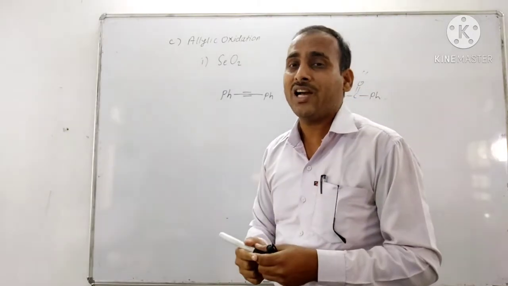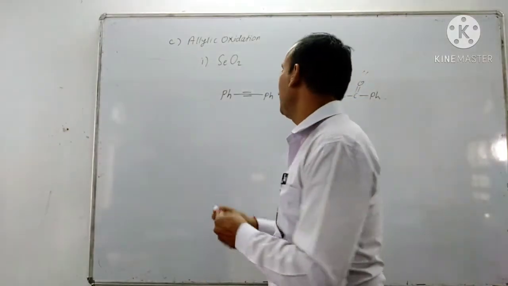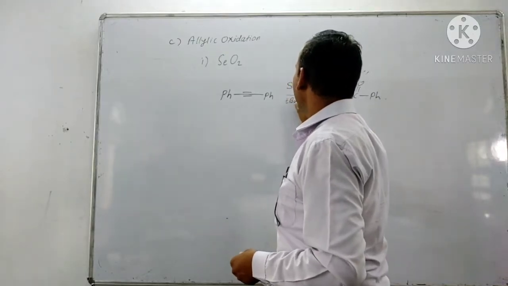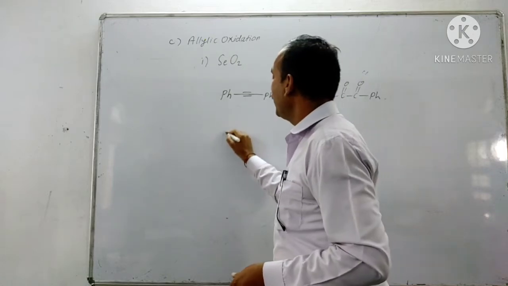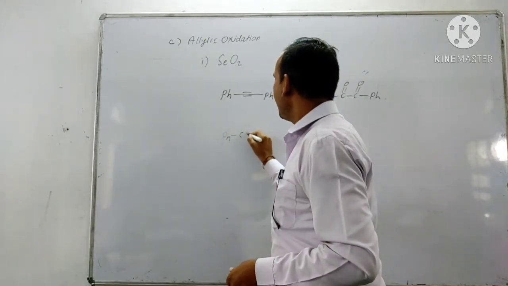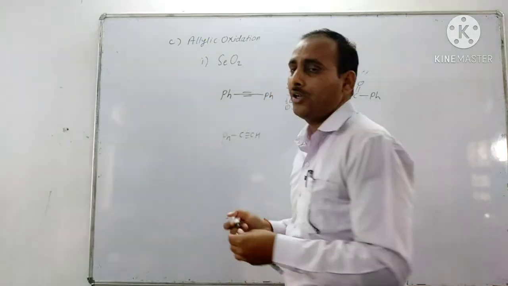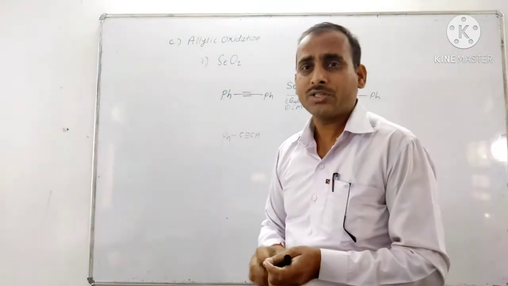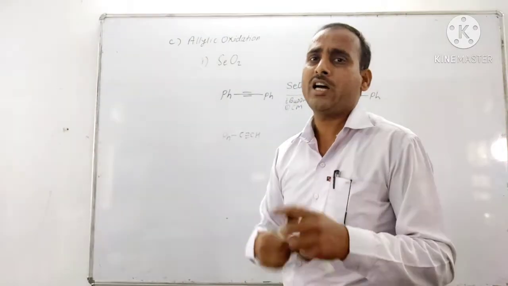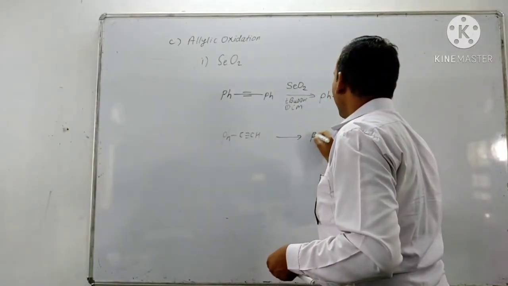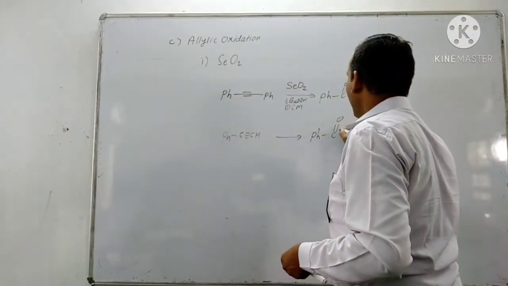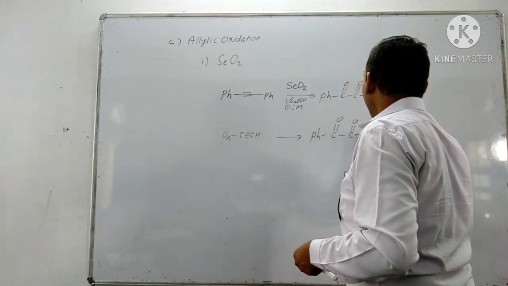Now a terminal alkyne undergoes oxidation by selenium dioxide, tertiary butyl hydroperoxide and DCM as a solvent. Similarly, Ph, C triple bond CH, the terminal alkyne, undergoes oxidation to form the alpha carbonyl carboxylic acid. So it forms Ph, CO, C double bond OOH.